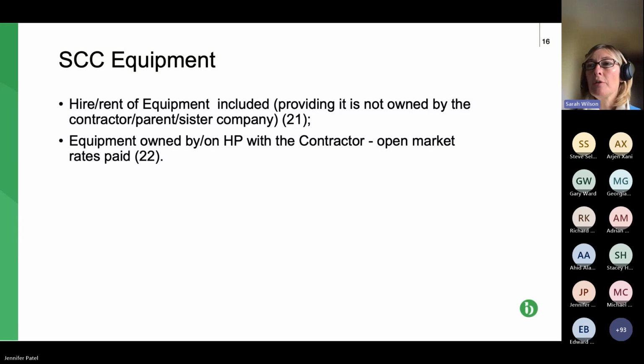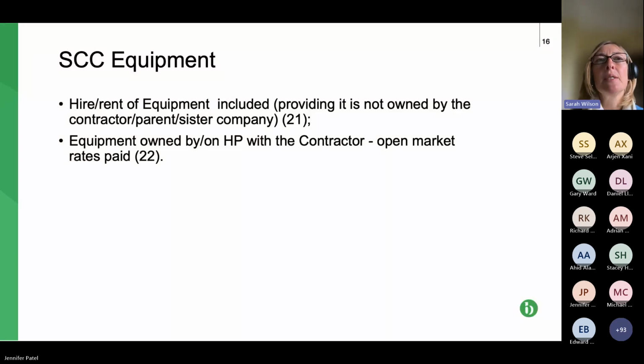So this is the schedule of cost components with regard to equipment. So how do you claim it? Well, you can claim it on the basis of the hire or the rental costs for any equipment. So that makes sense. And that shows we're looking at that base cost. Note, however, you can't claim that if the equipment's owned by your parent, sister, or related company, because that could leave things open for misuse, so inflating the hire cost, for example.